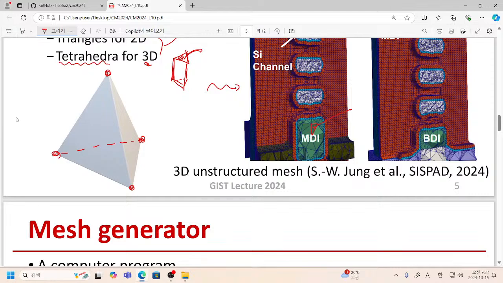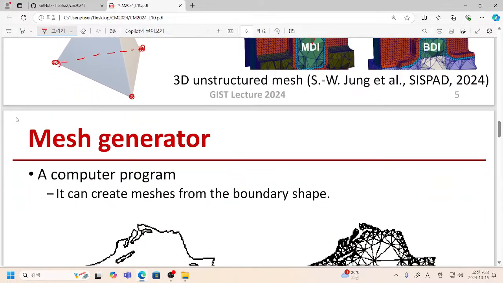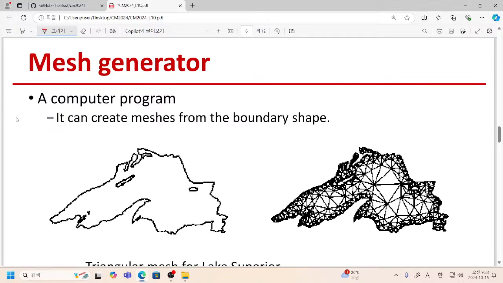Simply speaking, unstructured mesh means that the domain is decomposed into triangles, or the domain is decomposed into tetrahedrons. So that is unstructured mesh. And actually introducing a set of triangles or a set of tetrahedra is quite a difficult job.